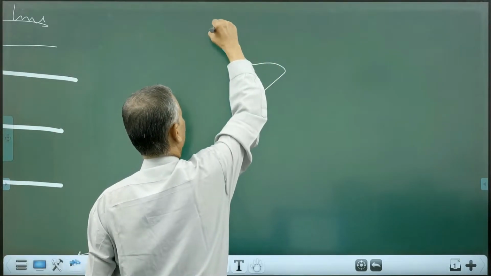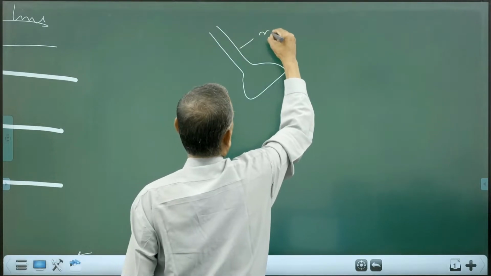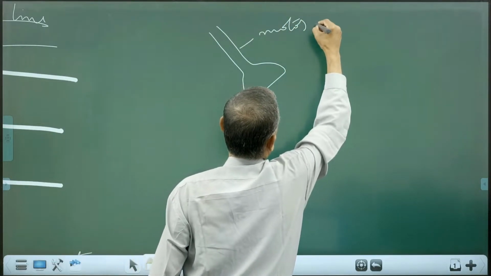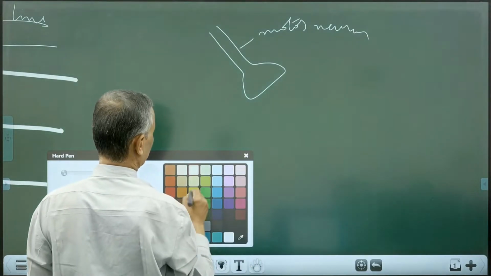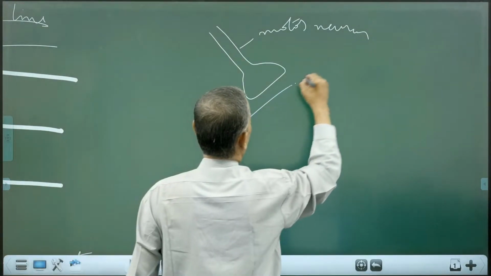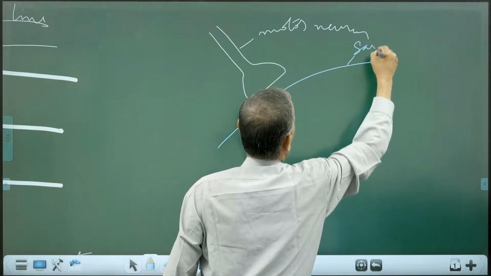This is the axon ending of the motor neuron, and it is in functional connection with the sarcolemma.